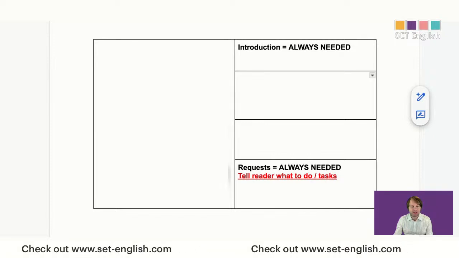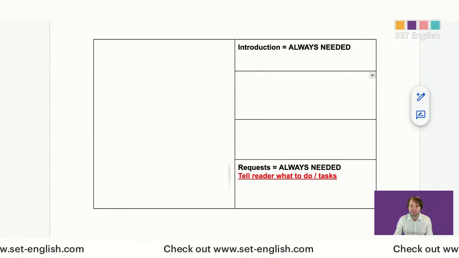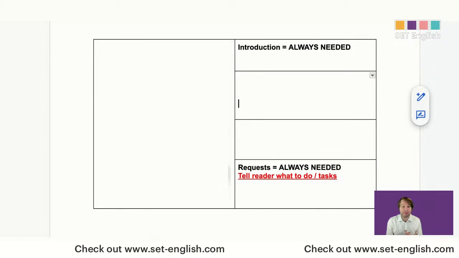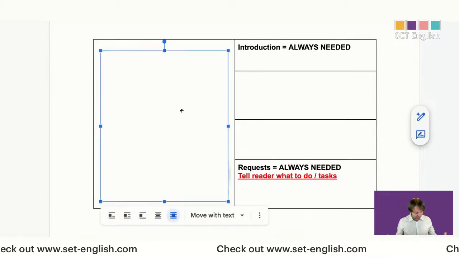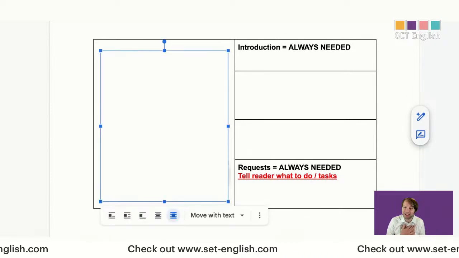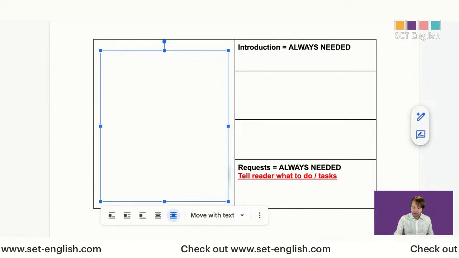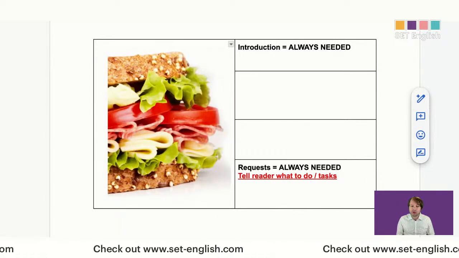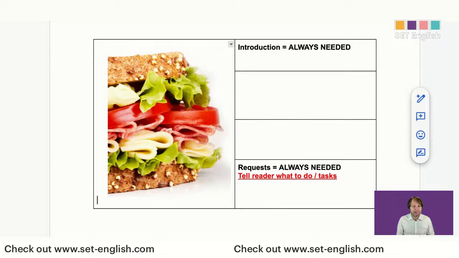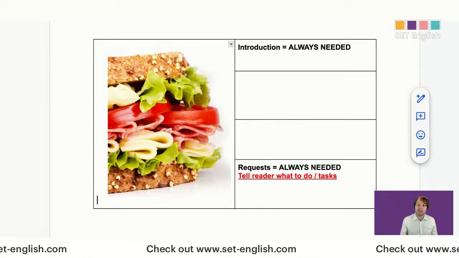What might this remind us of? Of course, I don't know if some people might know SET already, but I'm laughing at myself because this is what I always say. This would be like a sandwich, okay?